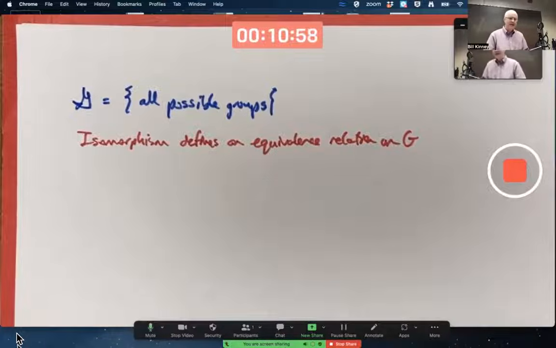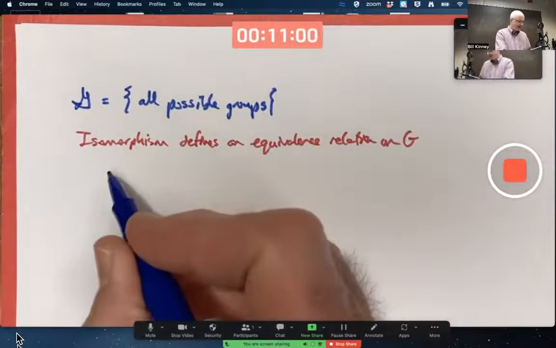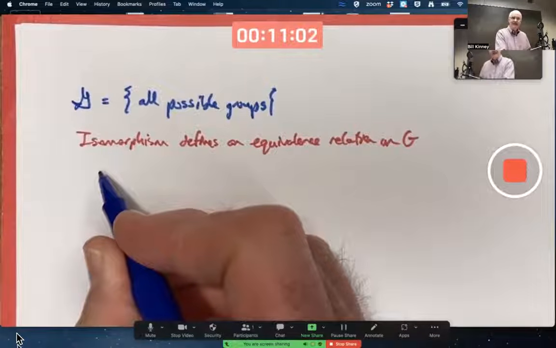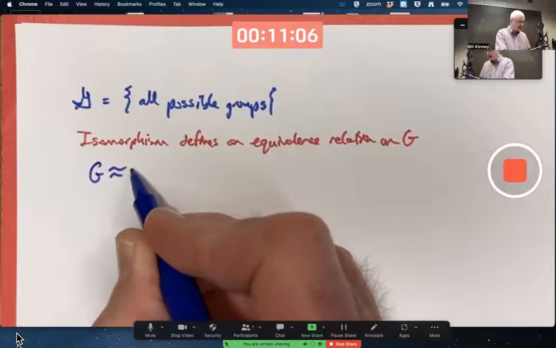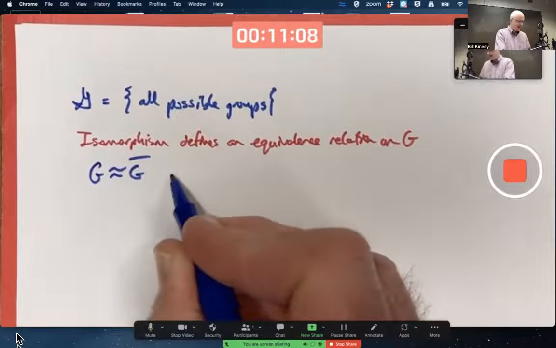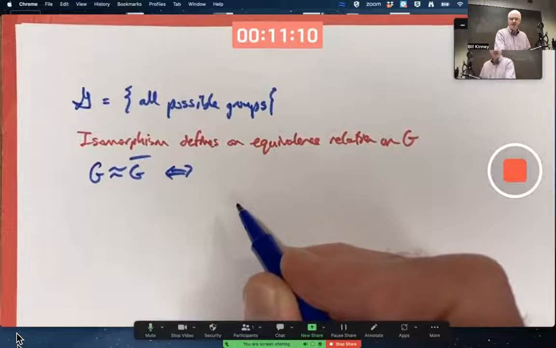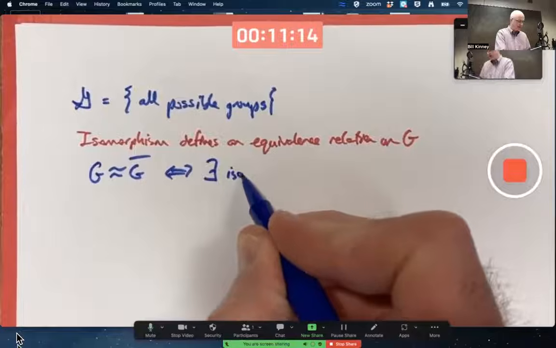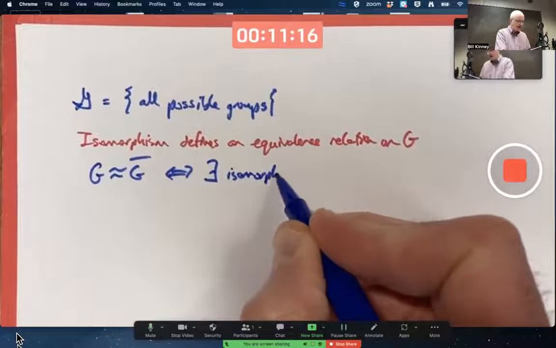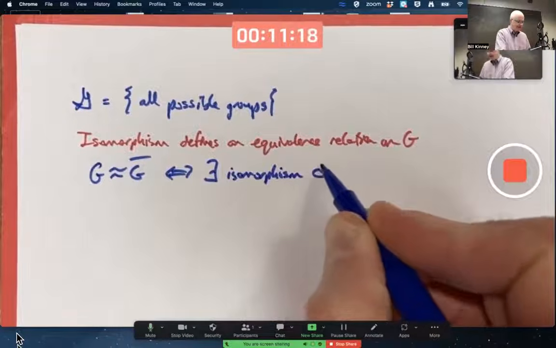So what do I mean? I mean the idea of two groups G and G bar being isomorphic if and only if there is an isomorphism from one to the other. We've already defined what isomorphism is.